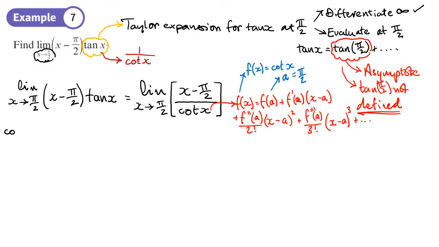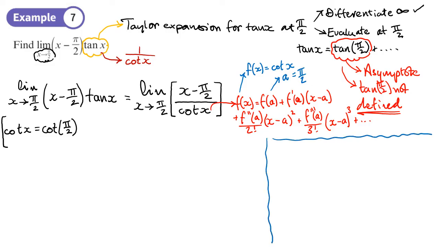Right, so cot x can be written as cot, so this is f of a, cot of pi over 2, and then we need to differentiate cot, so let's put a little space over here to work out all our derivatives.